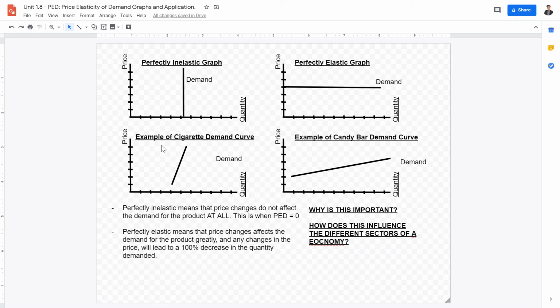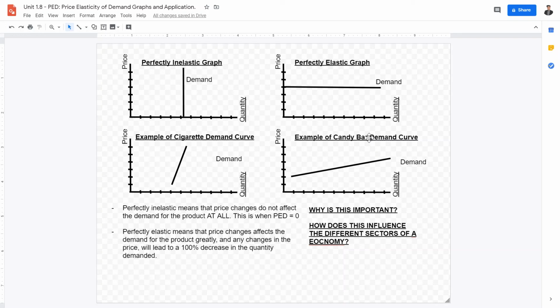Now, we will be going into prices, taxes and subsidies in greater depth in the future. However, for now, all you need to know is that taxes will affect the prices of a good, causing the price of the good to either decrease or increase. When there's an increase in the price of a highly elastic good, then consumers will stop buying it.